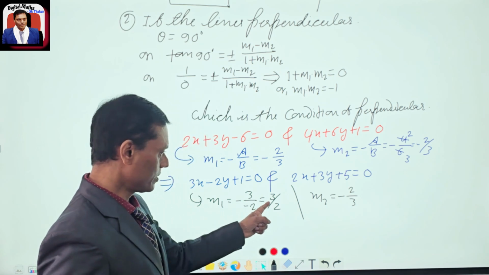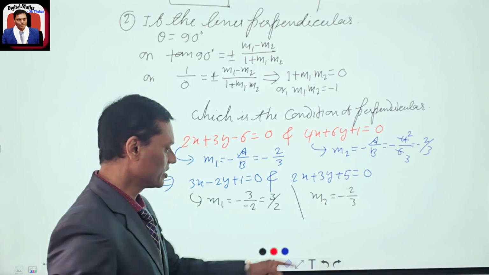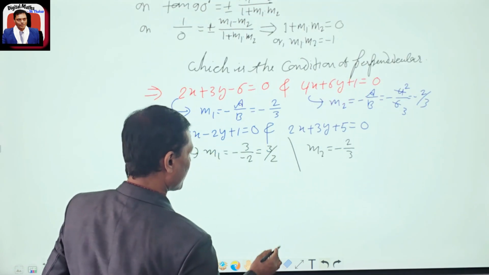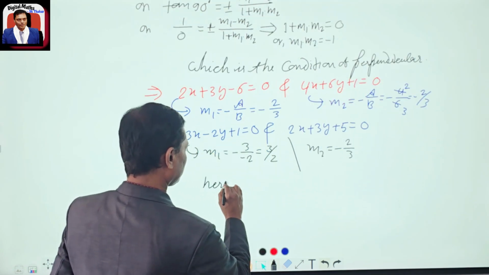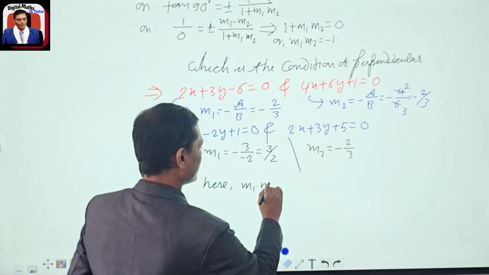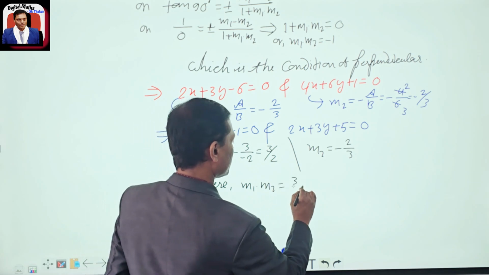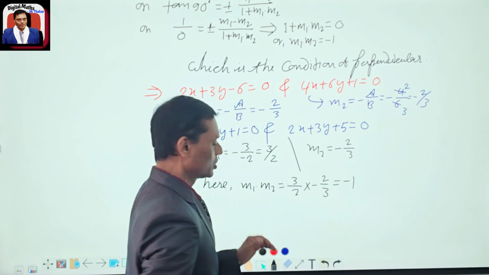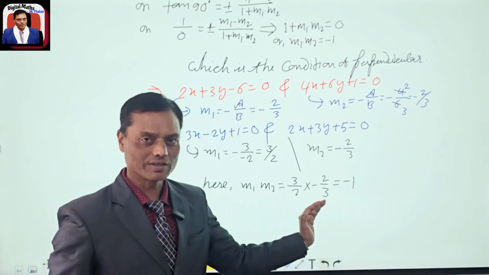Multiplying them, m1 dot m2 equals 3 by 2 into minus 2 by 3, which is minus 1. So the product of the slopes is minus 1.